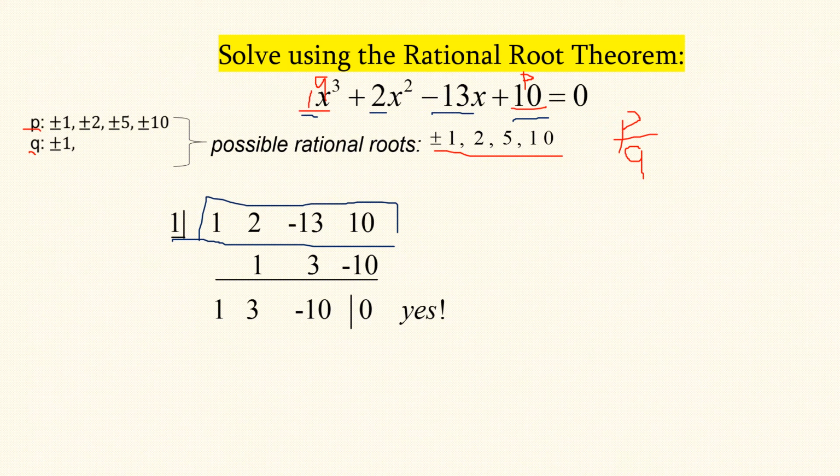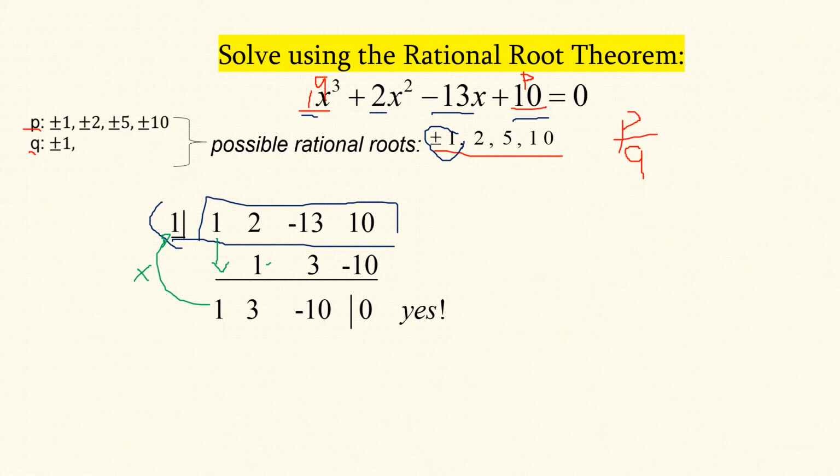Then, after that, gagamitin natin yung ating unang root na 1, kaya siya andito. Then, after that, i-bring down muna natin yung ating first na number, which is the 1. So, bringing down, then, i-multiply lang natin siya sa ating 1. So, multiply, magiging 1, which is ito.